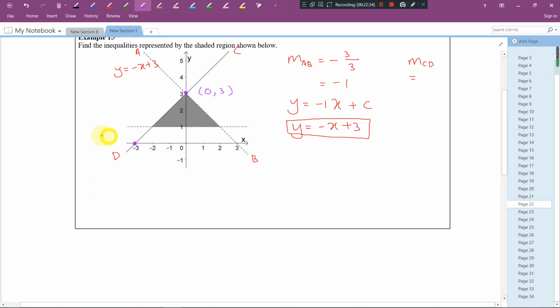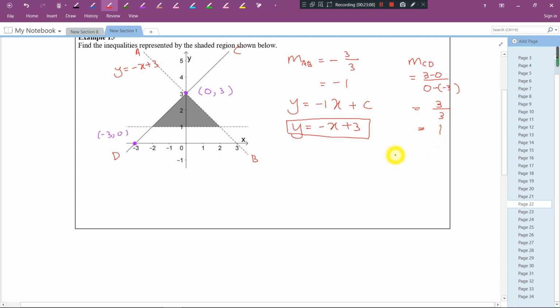On the x-axis, y is equal to 0 and x is negative 3. So now I can use these coordinates to find the gradient: y2 minus y1, 3 minus 0. I have to do the same thing for the x part, 0 minus negative 3, following the sequence. So this is 3 over 3, and the gradient will be 1.